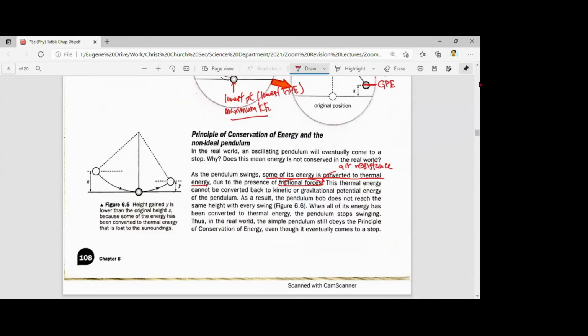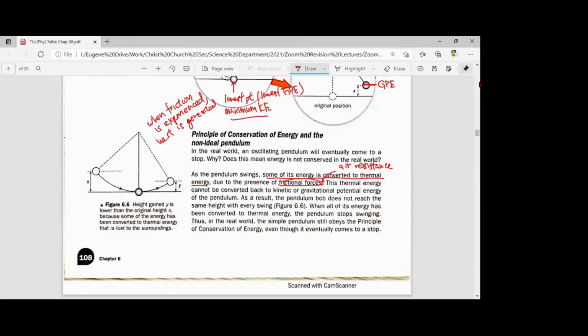Every time an object experiences friction, heat will be generated. Take note of this: when friction is experienced by an object, heat is generated. That's why there's thermal energy. If you don't believe me, you can do a very simple exercise. Take your two hands, place them together, and keep rubbing.